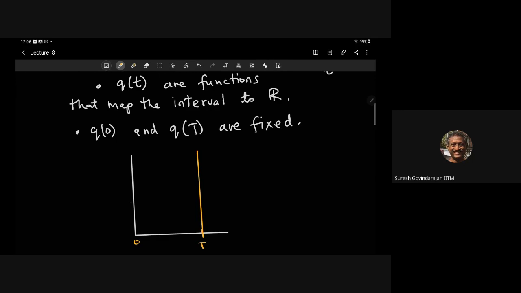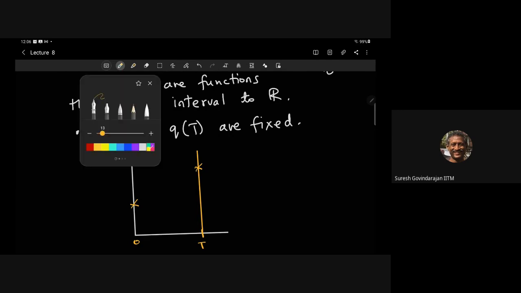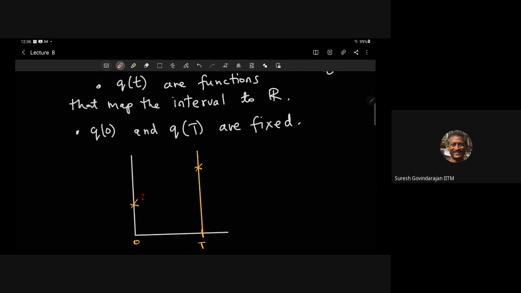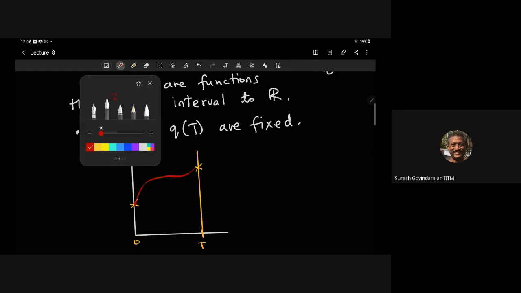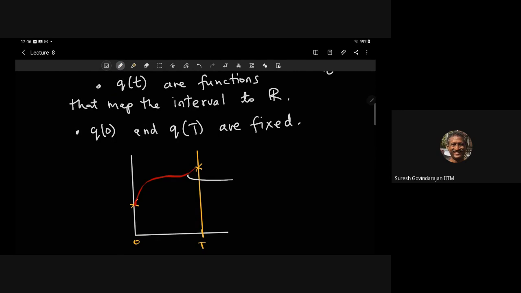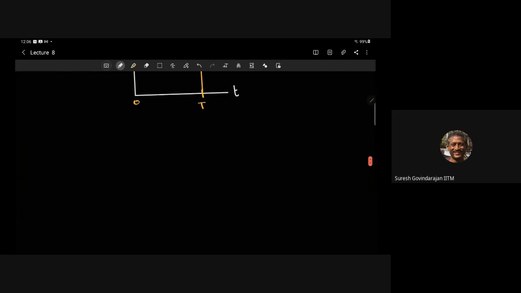Let's say it takes some value. This is q of 0 and this is q of T, and we are looking at functions. Let's draw one example, some function like this. Okay, so this is an example. These are the class of functions we are going to look at.